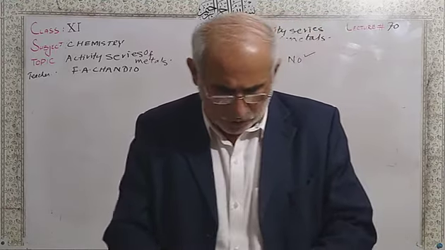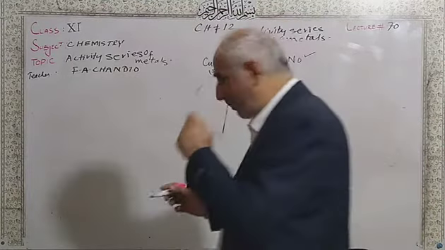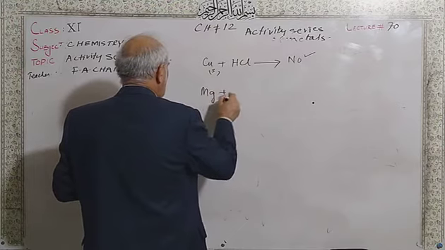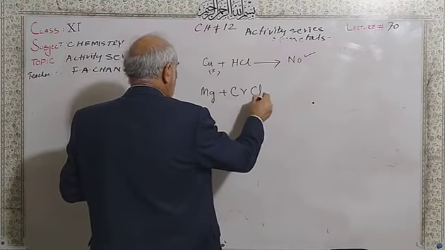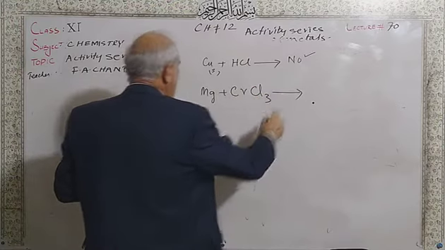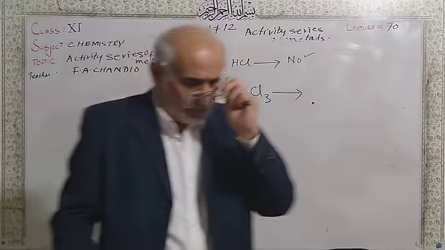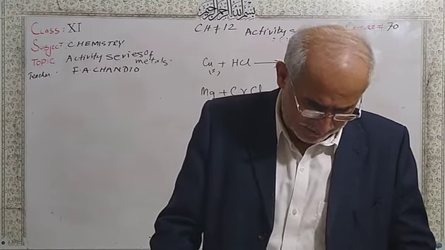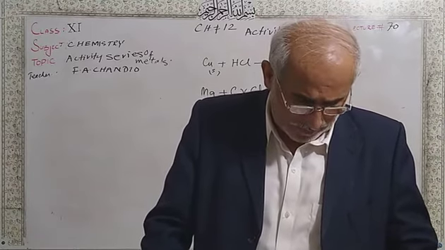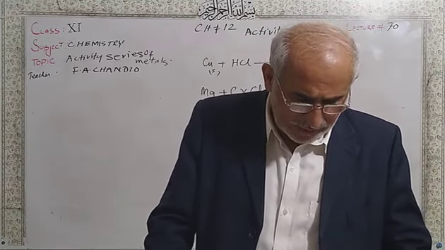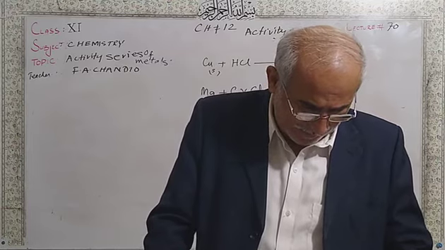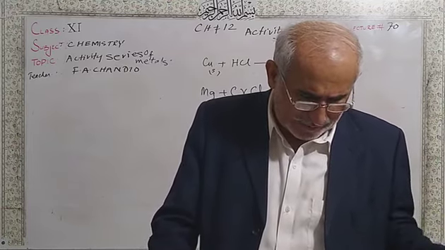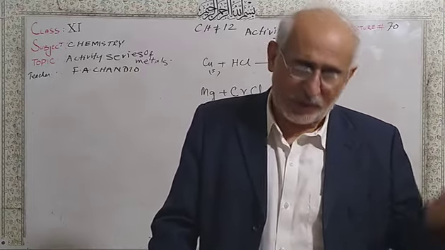Magnesium and chromium chloride. This reaction happens because magnesium is in the second group, metals of intermediate activity, and chromium is down: magnesium, aluminium, manganese, zinc, chromium.